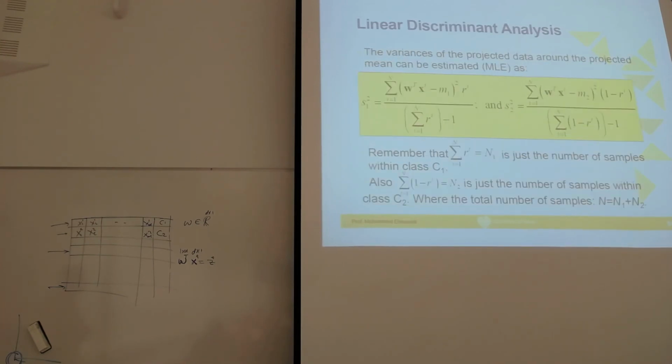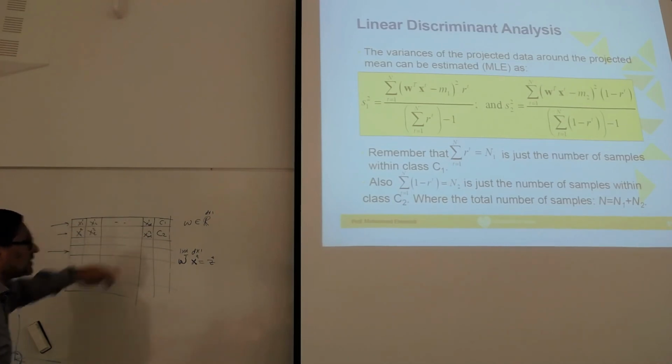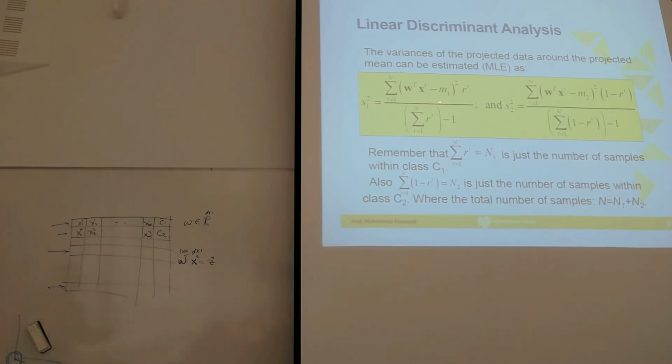Okay, we can also compute the variance of each class. The maximum likelihood estimation of the variance is simply like that. So after projection, of course, for this one, you take the data, multiply it by the weight, and then minus the mean of class 1, and you take the square. So it is the variance of the data around mean M1 for class 1, and this is the variance of the data around the mean M2 for class 2.